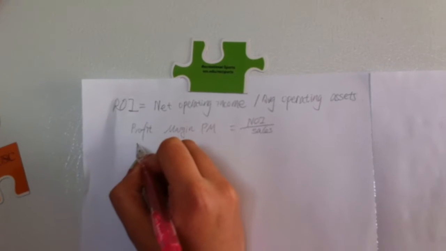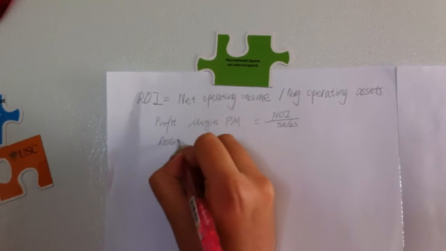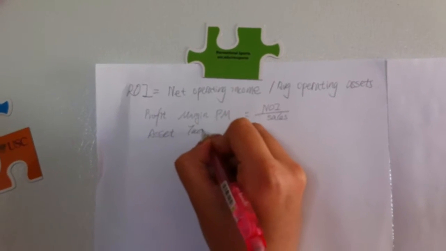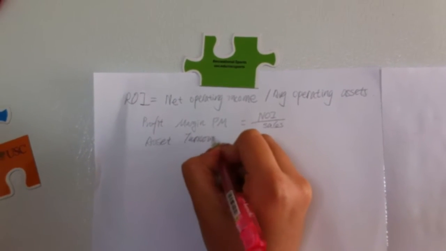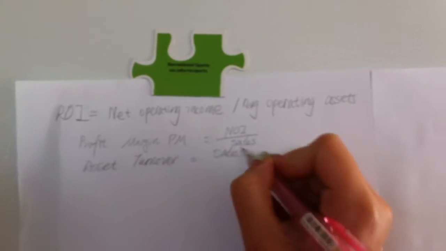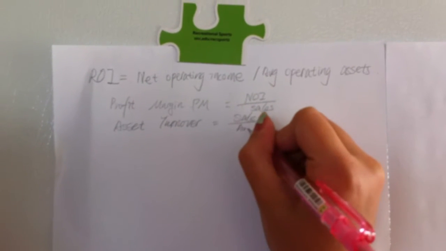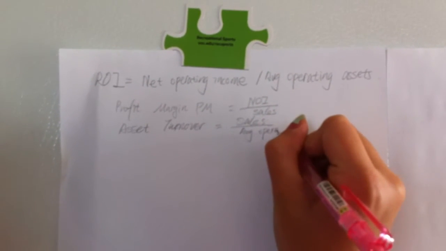The second part is asset turnover, which equals sales divided by average operating assets.